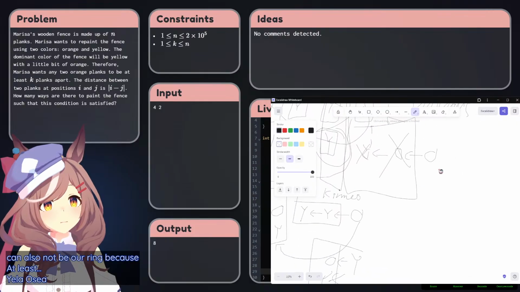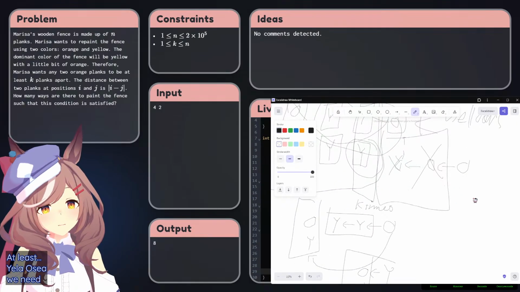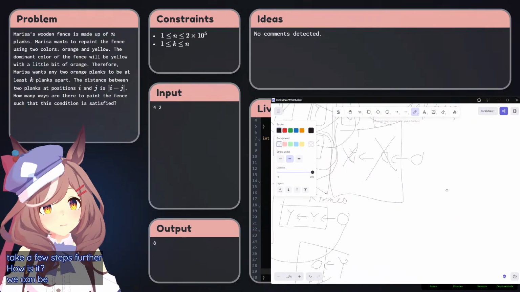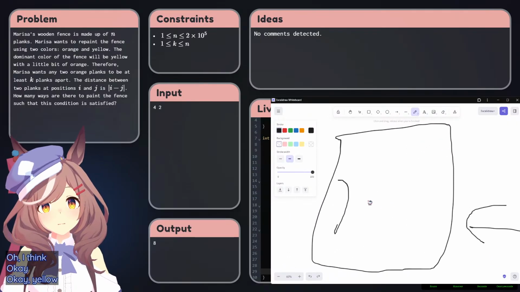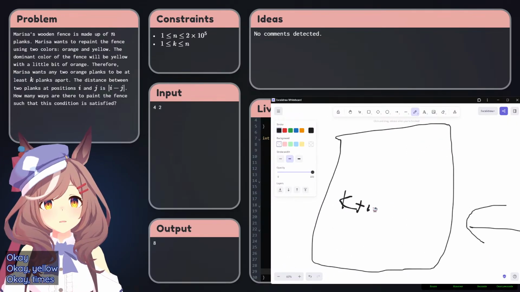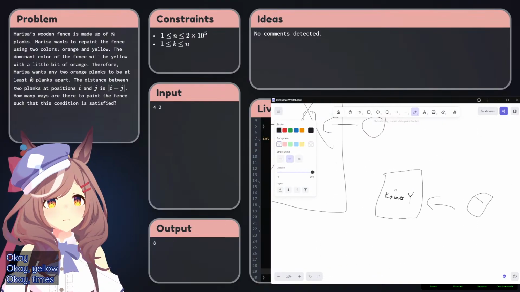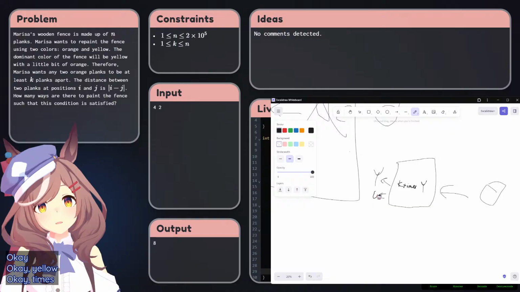So we need to take k steps further, and we count k times yellow, and here it can be yellow or orange, we don't care.